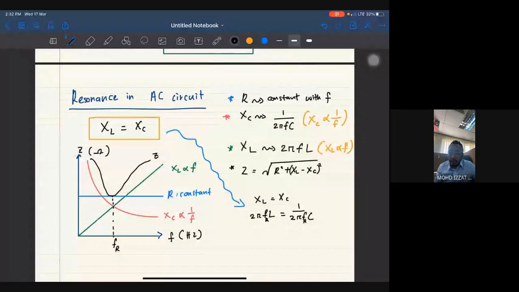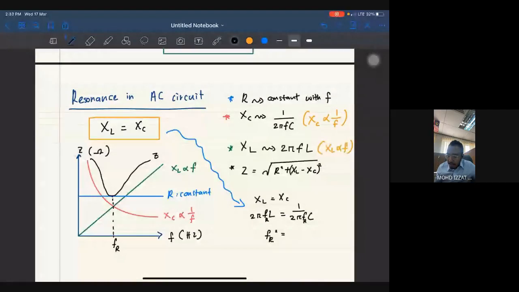It depends on the circuit, on the values of XC and XL, and on R. So one circuit has one value of FR. Back to this one, if I rearrange, I can bring the FR up here and it becomes FR squared. Then I bring everything else down here.